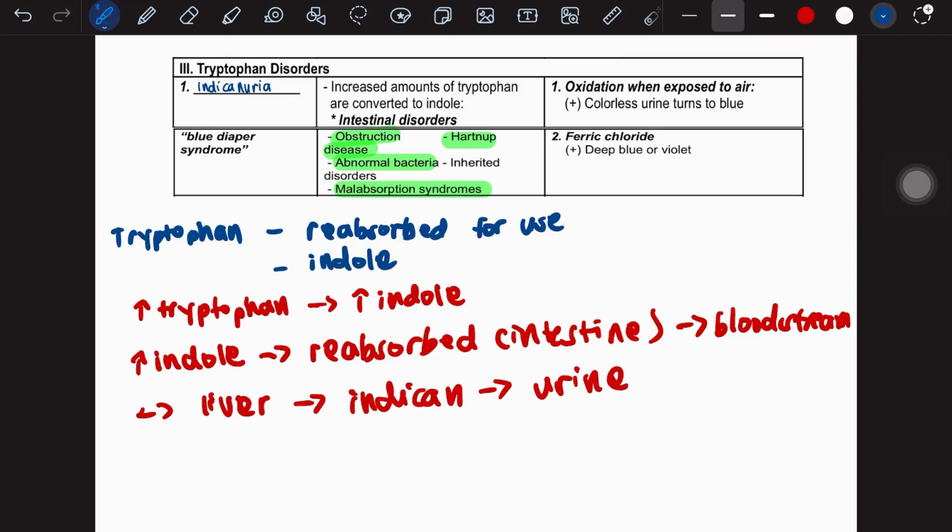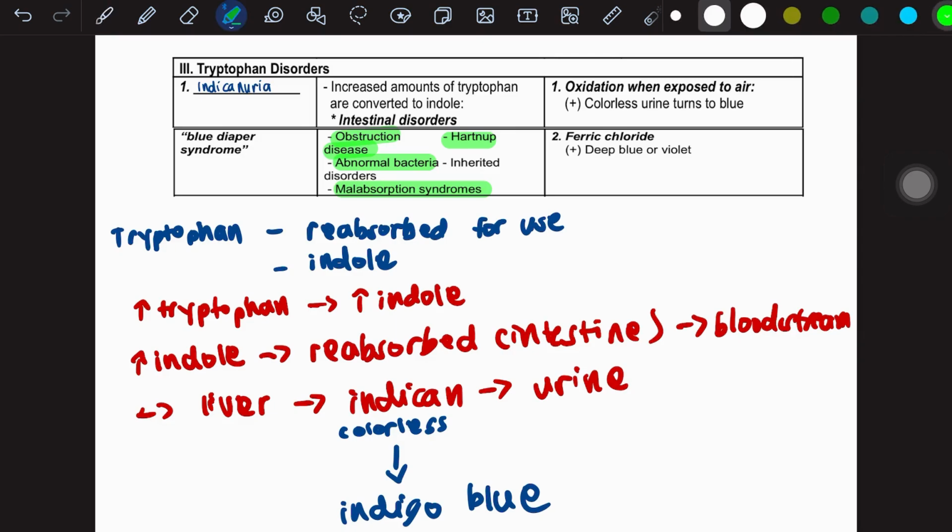So our indican is colorless, unless oxidized to the dye indigo blue by exposure to air. So indican is colorless, and when urinated, through exposure to air it becomes indigo blue in color.